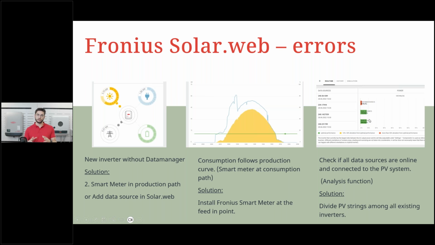So please also make sure that the PV strings are shared equally amongst the whole system. Of course, it's a little bit different in different settings, but please make sure that every inverter has its perfect production, and therefore we of course need to distribute the strings equally so that everyone has a good voltage to work with. So this would be one solution where we can also use SolarWeb for an analysis feature.